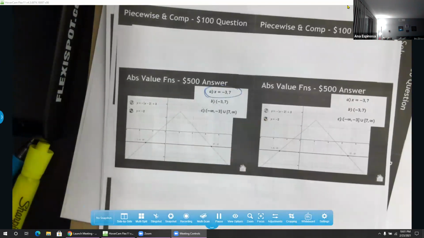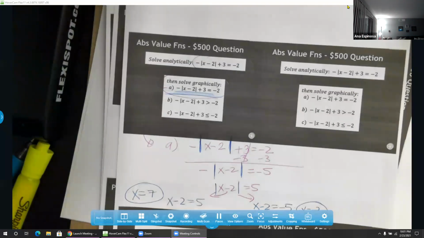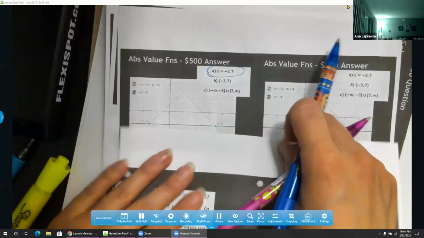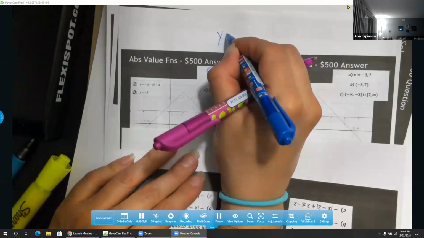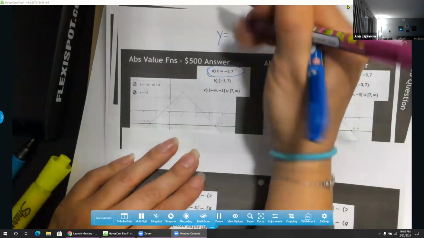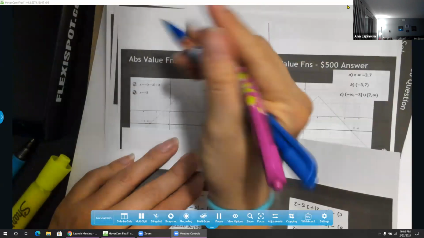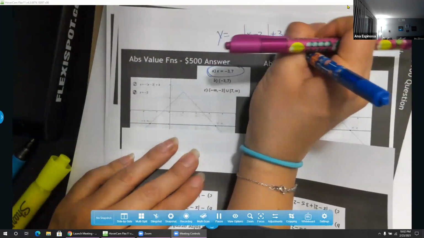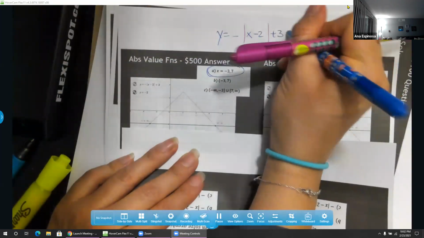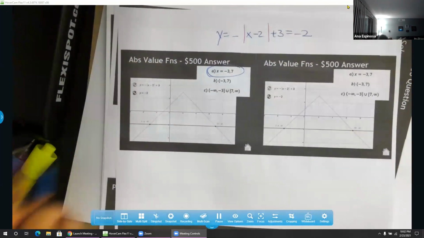That means that when you look at this right here, I'm going to copy it. I can't even do this upside down. y equals negative absolute value of x minus 2 plus 3. Oh no, equals negative 2. Okay, this part.